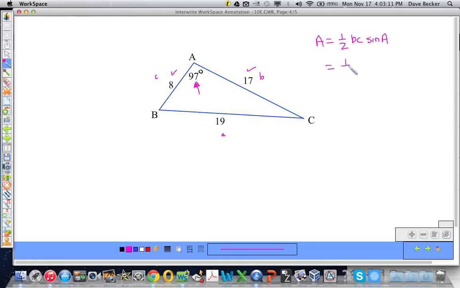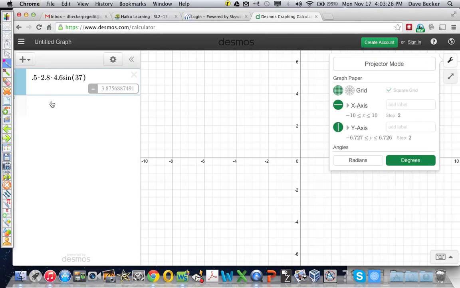So this would be 1/2 times 8 times 17 times the sine of 97 degrees. Back to Desmos. So 8, 17, 97. Let's see if I can remember it this time.